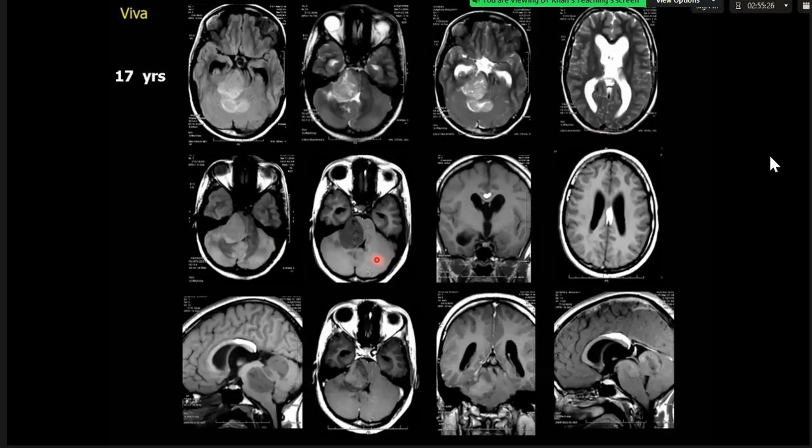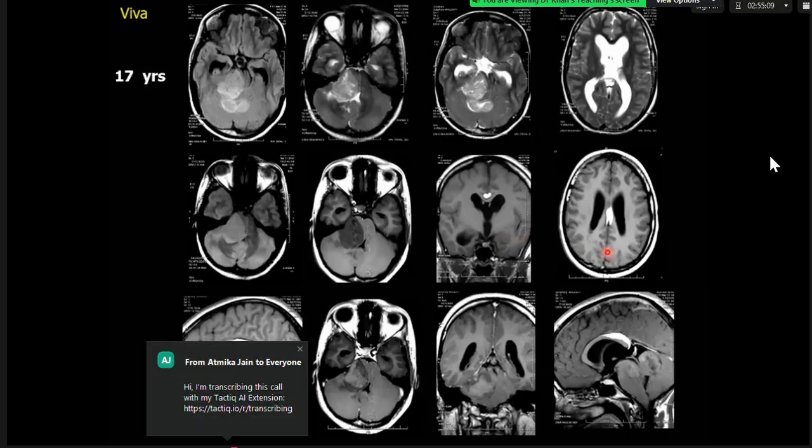Okay, this one? Fluid suppressed, and the white matter is white, which is T1. This one? This is T1 as well. This? T1. This? T1. This?